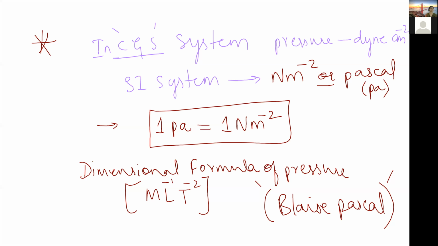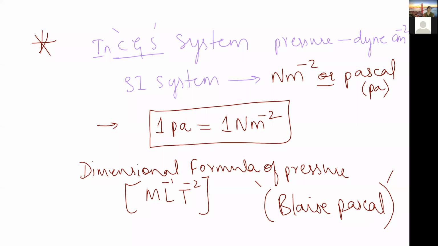So, different systems of units: you learned in your units and measurement chapter the CGS system, MKS system, and SI system. In the CGS system, pressure is measured in terms of dynes per centimeter square. In the SI system, pressure is measured in terms of Newton per meter square, or we use Pascal.